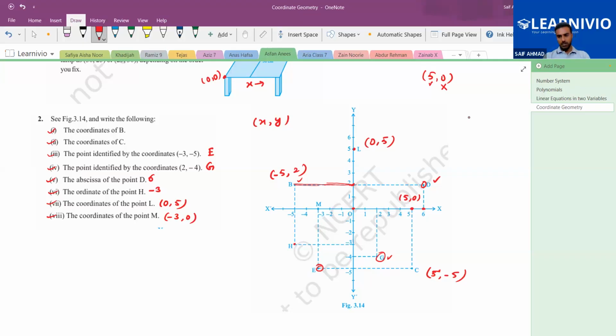This chapter has been completed from the NCERT. There are only 2 exercises here.